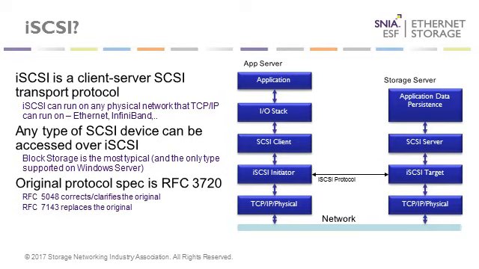We can run it over Ethernet, we can run it over InfiniBand, and we could probably run it over two pieces of damp string, because I'm sure there's somebody somewhere who's actually generated a TCP/IP stack that runs over stuff that we've never even heard of. So basically, anything that we can carry IP traffic on, we can carry SCSI traffic as well. And if you're desperately interested in the protocol specs, you can see there, I've just noted down some of the protocol specs that are used in defining iSCSI.